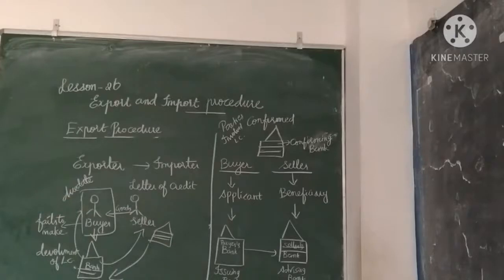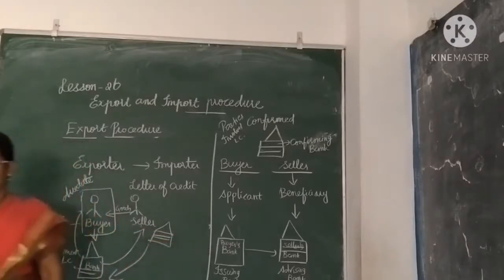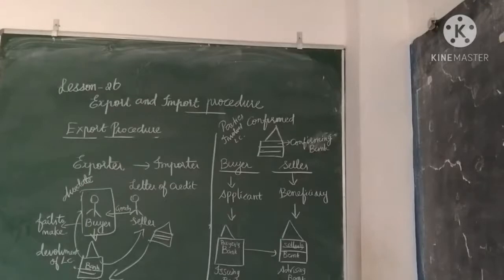Sometimes the seller may be in a dominating position. The seller may not believe the LC provided by the buyer, issued by the issuing bank of the buyer.